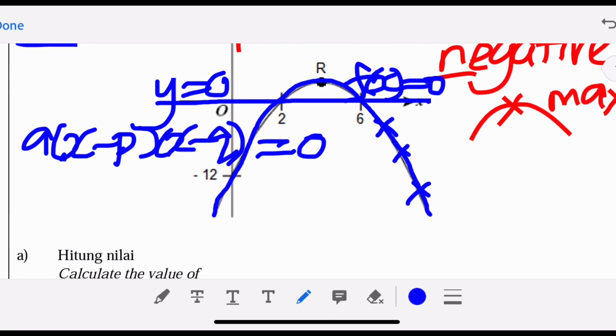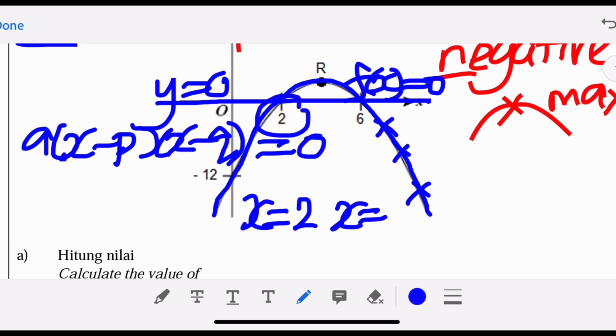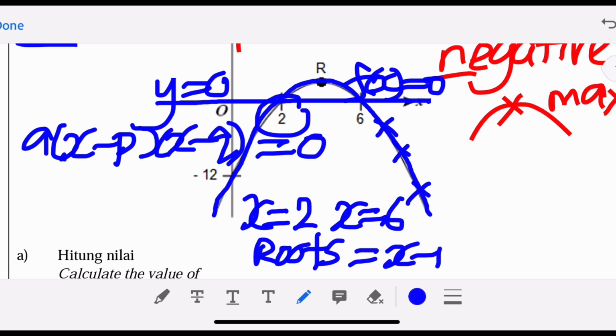Based on this, we have the roots. You must know that the x-intercept is the root. Besides saying x values, you can say unknown value, but the unknown here refers to x.